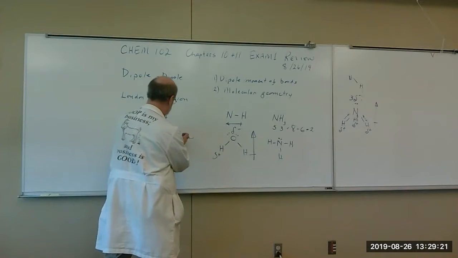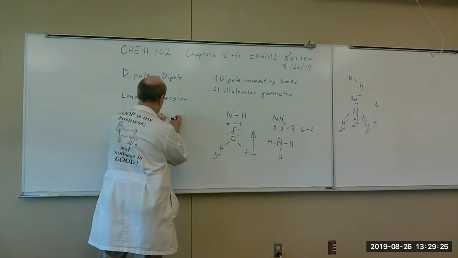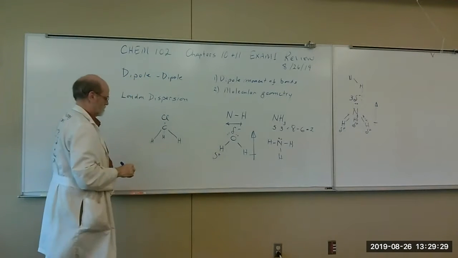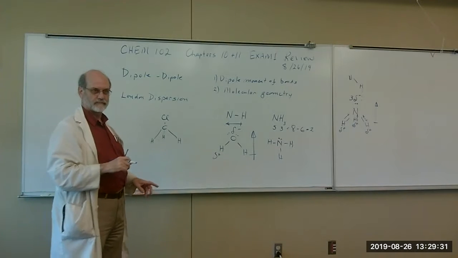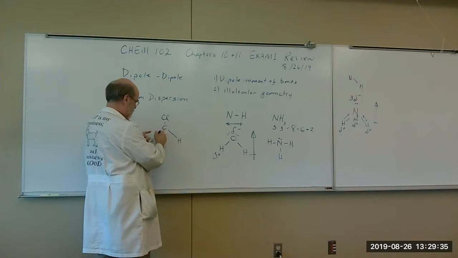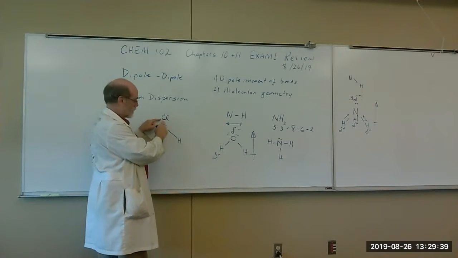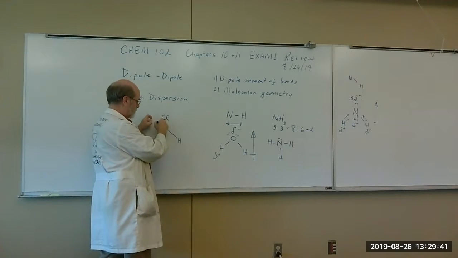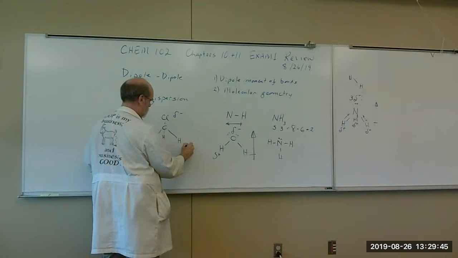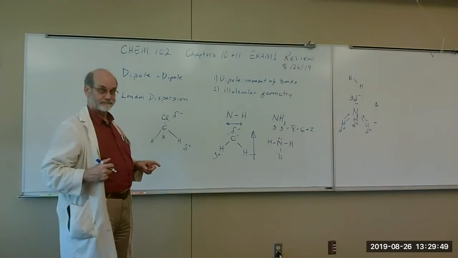Now, what if we have chloroform? Now we have this. Chlorine is much more electronegative than carbon, so it's this way. So that gives us a polar molecule.